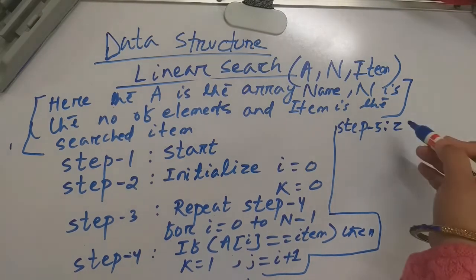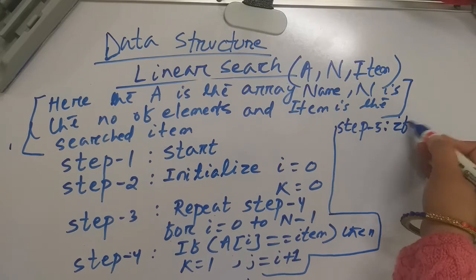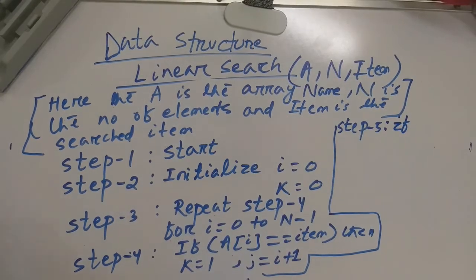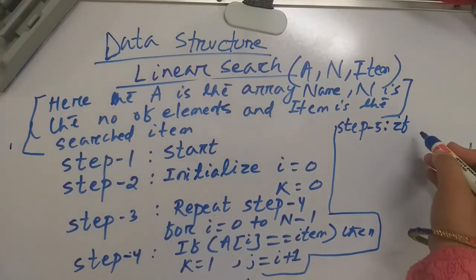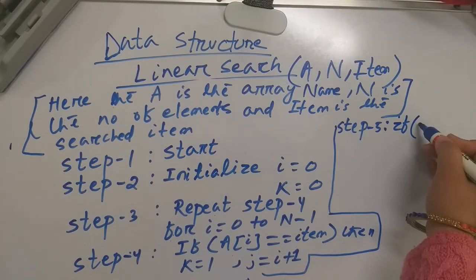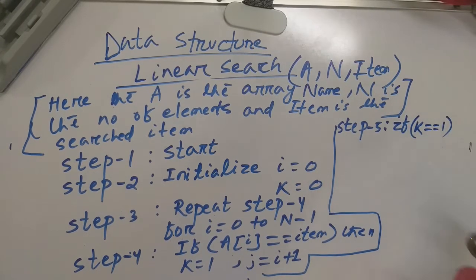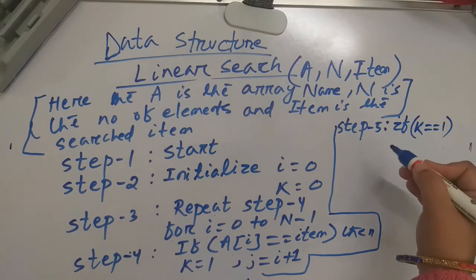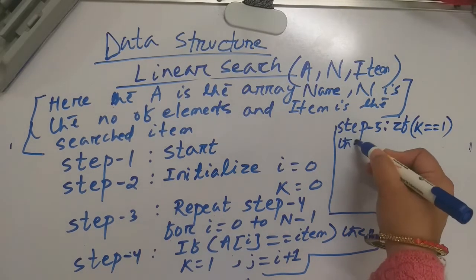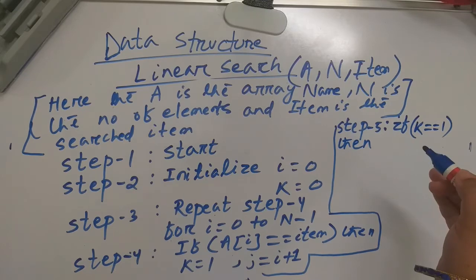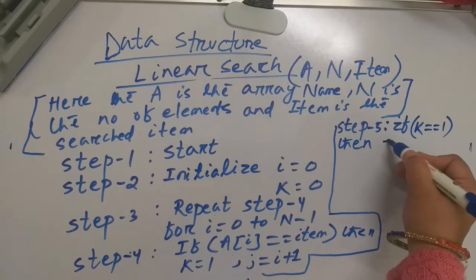So here we write down, if k is equal to 1, then we write down the item is present in the list.